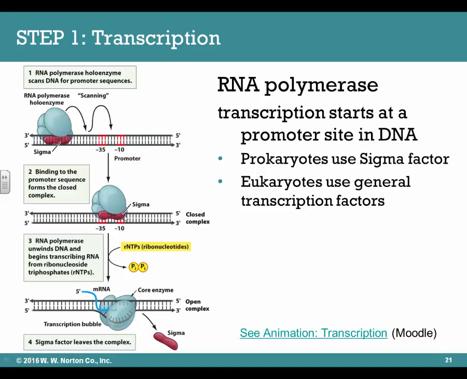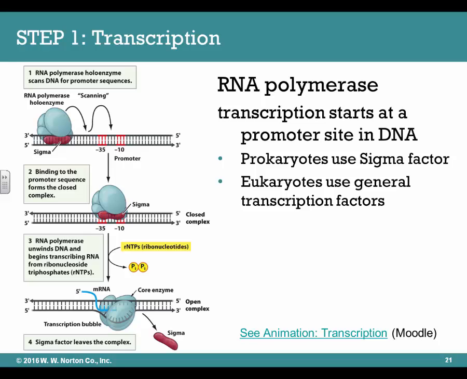So the sigma factor is what interacts with a specific sequence of bases that are upstream, so that's -10 from the gene start site, and -35. And it latches on to these conserved sequences, the TATA box, which is included in that.